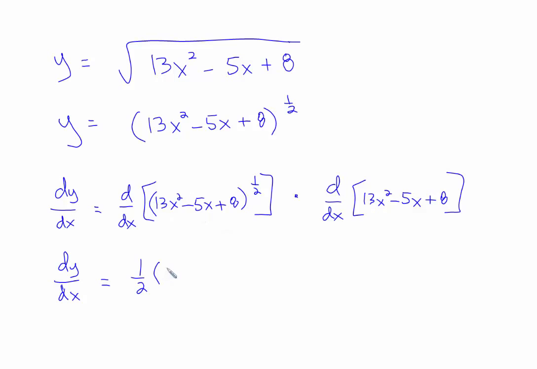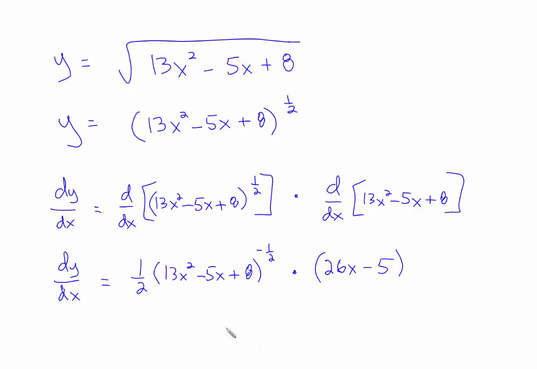Minus 5x plus 8, and then 1/2 minus 1 gives you negative 1/2. This is the derivative of the whole function times the derivative of the inside function, which is 26x minus 5.